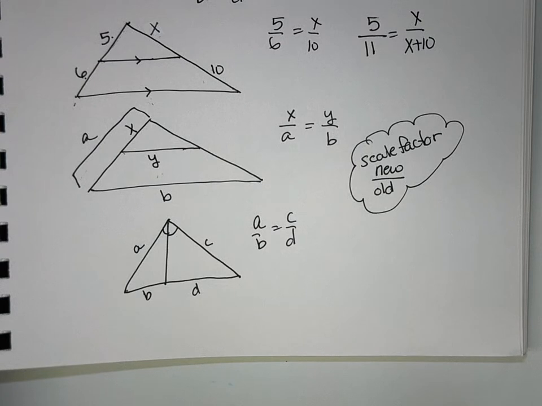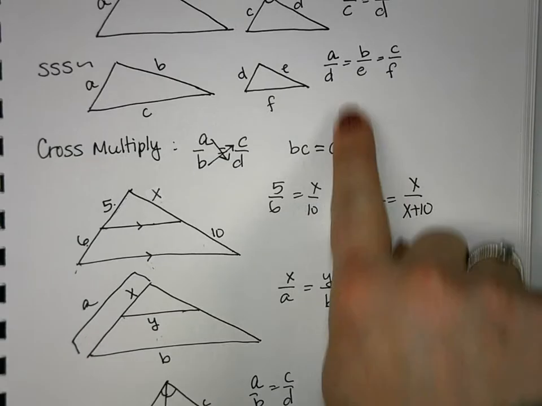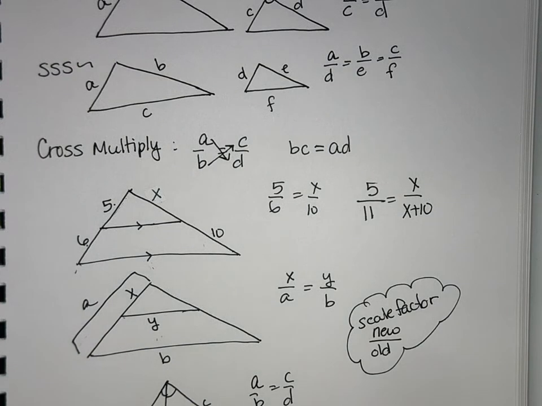So in terms of what you want to make sure you know for this unit, you really want to make sure you understand what similarity is and that you know how to set up your proportions, because that's going to be the bulk of it.